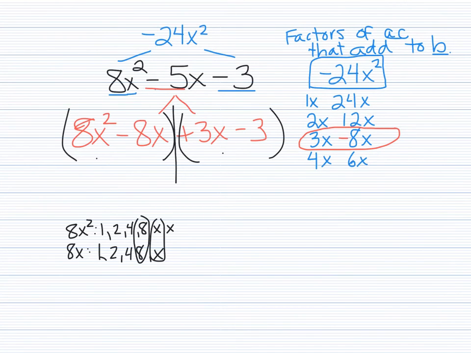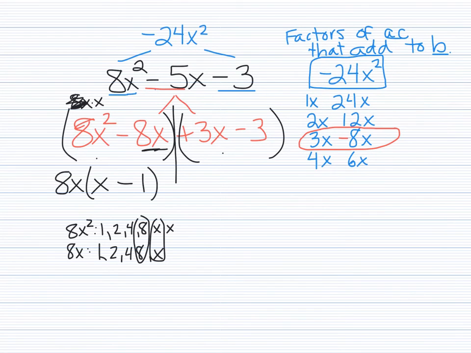So I'm going to pull out 8x. When I do, what is left? This is 8 times x times x. So if I take 8 and x away, I'm left with x minus, well, I factored this whole thing out. So now all I have is 1.